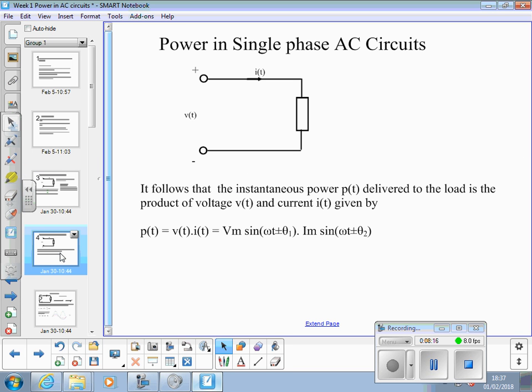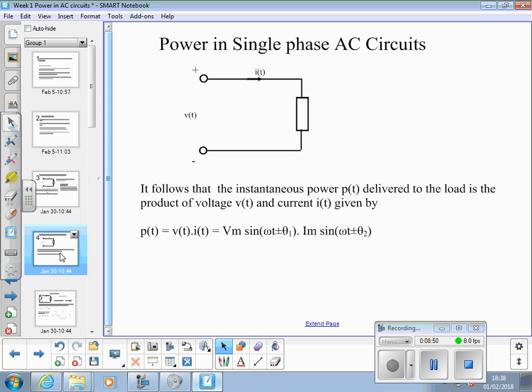Power in single phase AC circuits. Power is where things get a little bit tricky in AC circuits, unless all you've got is a resistive load. As soon as you've got a coil, as in the coil winding of a motor or a transformer, and or capacitance in the circuit, your current and voltage are no longer in phase, and you've got 3 different types of power, as we're going to talk about in a little while.